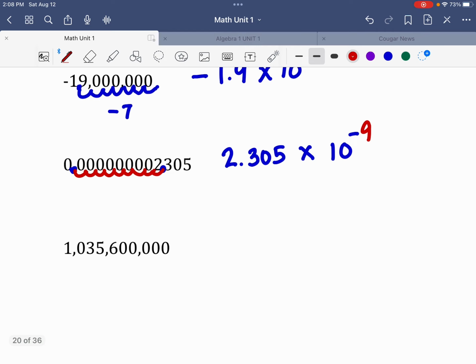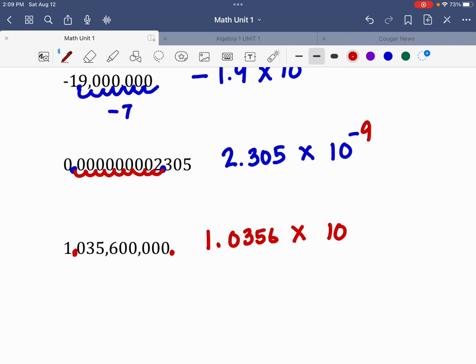And the last example is a really big number, so I know that my exponent is going to be positive. I need to make this a number between 1 and 10. I'll put in a decimal right after that first one, and it becomes 1.0356. I can't caution you enough, don't drop numbers, only drop zeros after the last number.